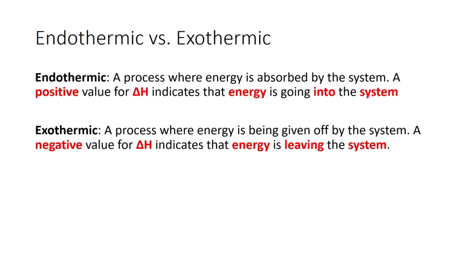And then exothermic is a process where energy is being given off by the system. So a negative value for delta H indicates that energy is leaving the system. We always express these in terms of what's going on with the system.